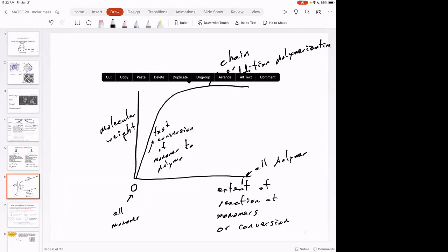And if we're slowly taking step by step, very slowly, eventually I'll get polymer. This is step polymerization. Slow molecular weight buildup.